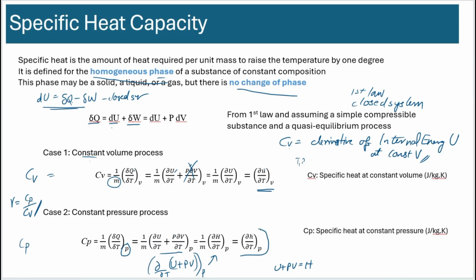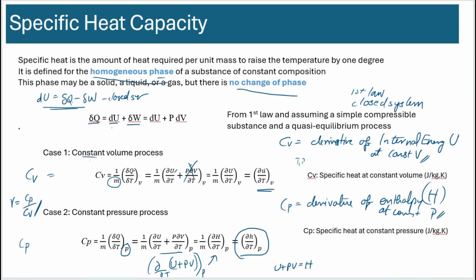So this is the final formula. Cp is nothing but the derivative of enthalpy, H, at constant pressure.